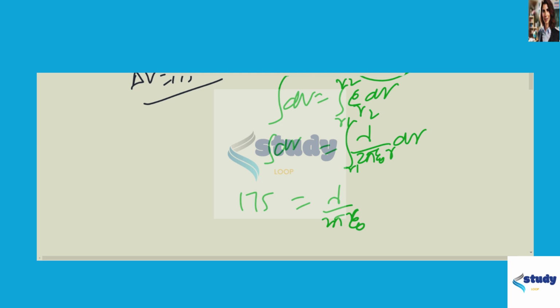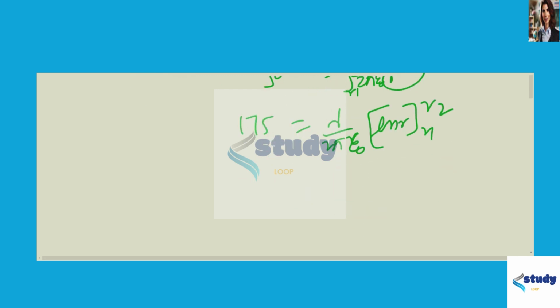Epsilon naught is constant, and 1 by r integration is ln of r from r1 to r2, right? So 175 equal to lambda upon 2 pi epsilon naught, and we know that r1 is just the radius, and r2 we need to find, so this will be ln of r2 upon r1.